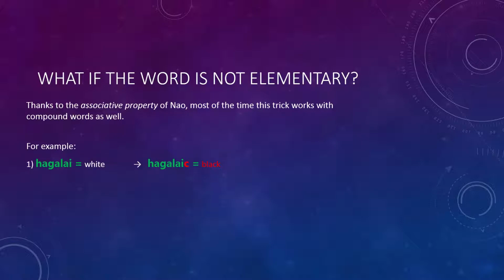So, for example, hagalai. It's a compound word, means white. Well, ask anybody, what's the opposite of white? Everybody will answer with no doubt that it's black, right? So there's no doubt that the opposite of white is black.